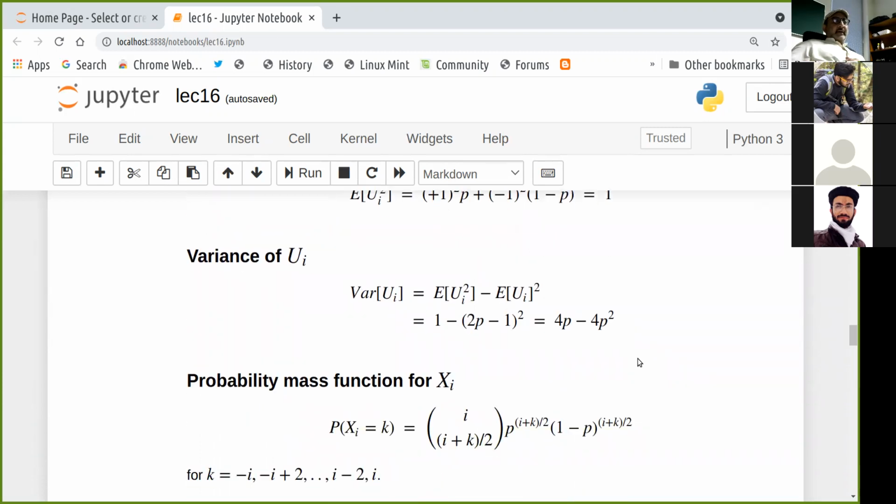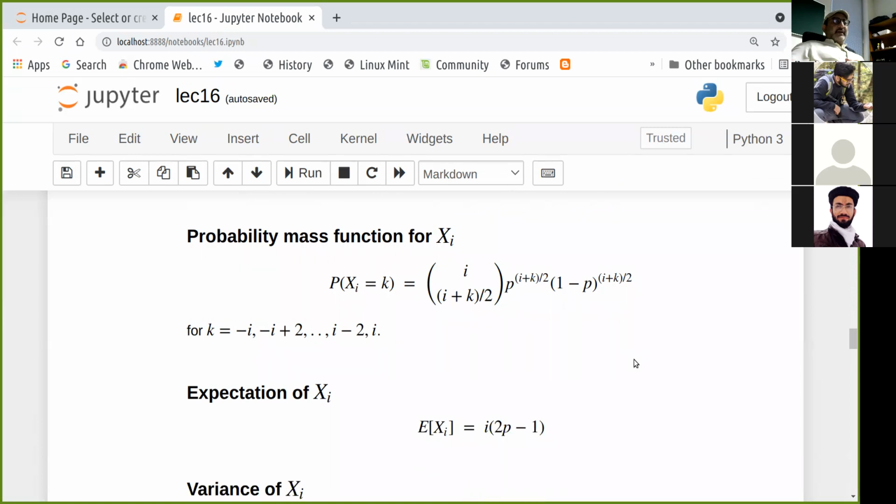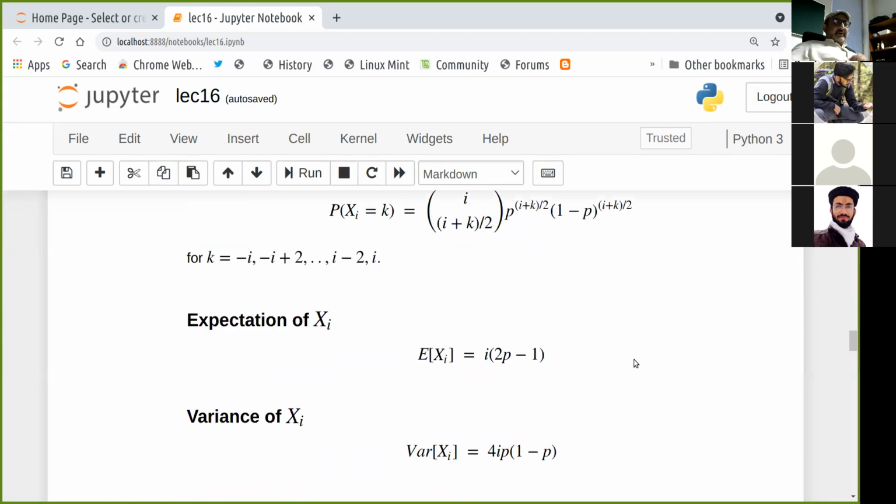And then the probability mass function for these xi's: the probability that xi is equal to k is equal to i choose (i plus k)/2, times p to the (i plus k)/2, times 1 minus p to the (i minus k)/2, where k can go from minus i to positive i. The expectation of xi you should be able to work out is i times (2p minus 1).